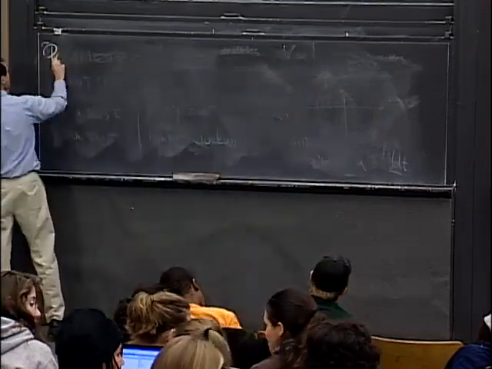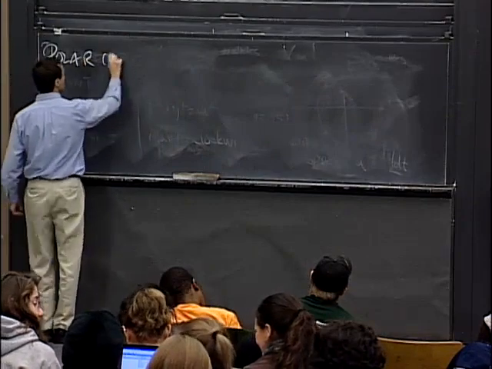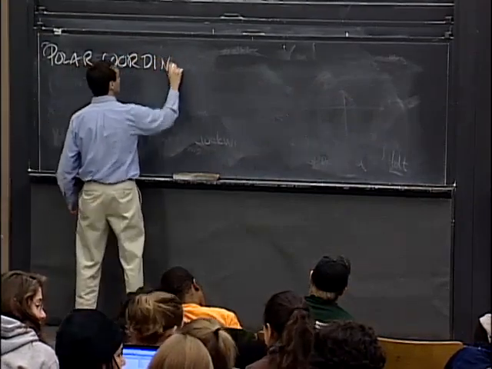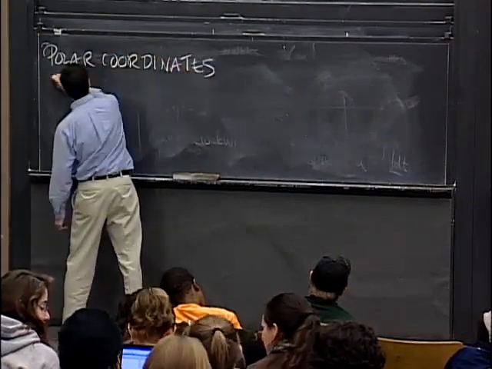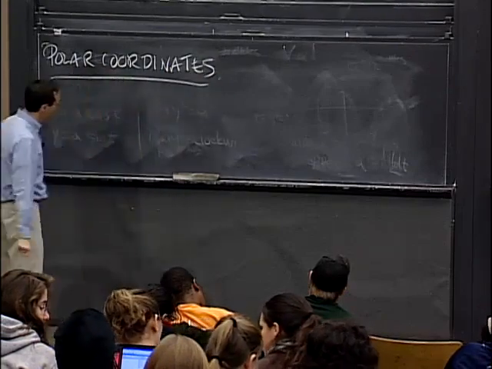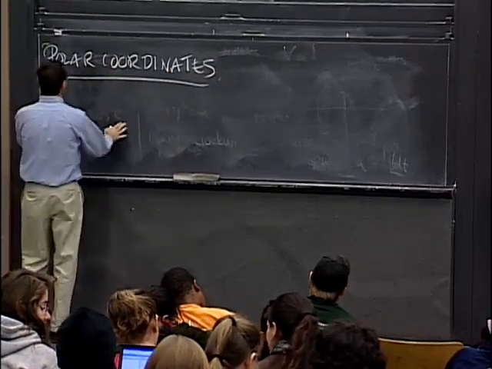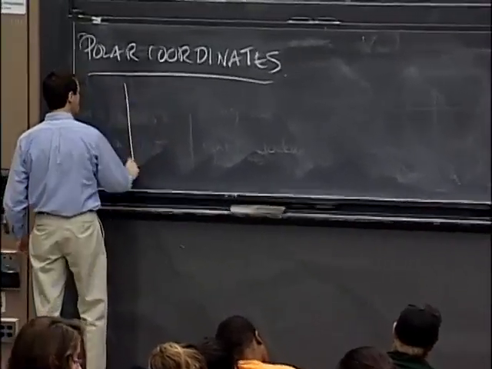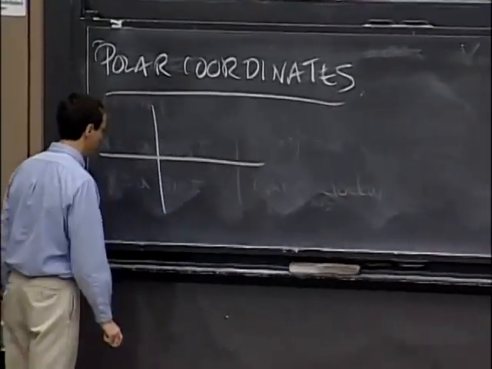All right, what we're going to talk about now is polar coordinates. Which are set up in the following way. It's a way of describing the points in the plane.